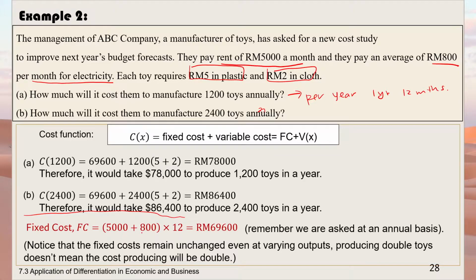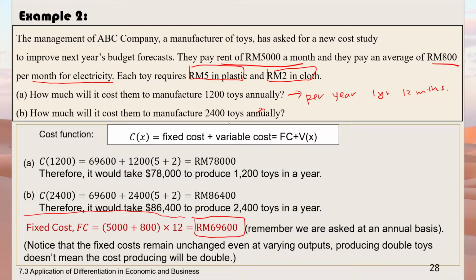5,000 for the rental, 800 for the electricity, and because the question asks for annual, we times by 12. So whether you're producing 1,000 units or 10,000 units, you need to pay an average of 69,600 per year.